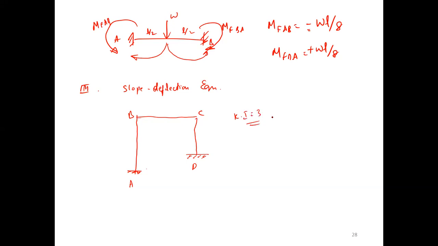Now tell me, how many slope deflection equations in this kind of frame, and also in this frame, and I will give one more frame. How many slope deflection equations in this frame? I'm asking for a number: 1, 2, 3, 4. I'll give the options, you pick. For the first one, how many slope deflection equations? For the second one, how many? For the third one, how many?